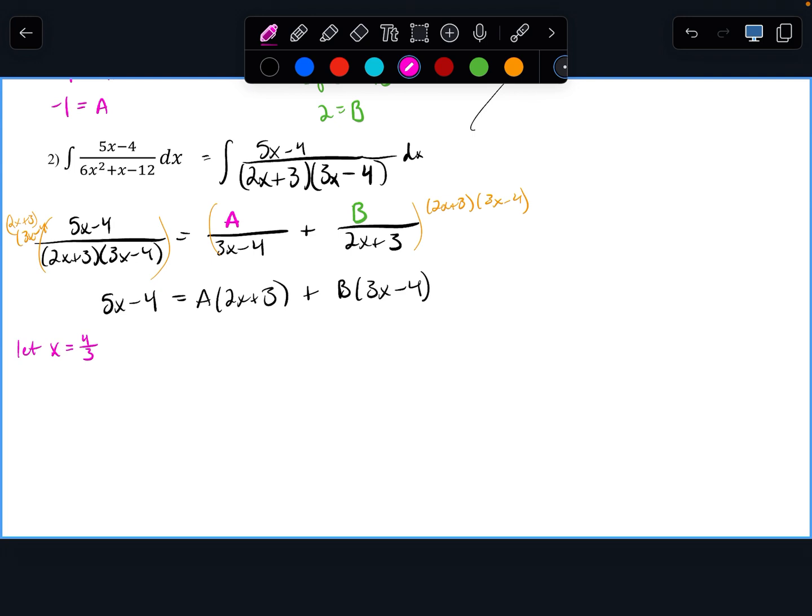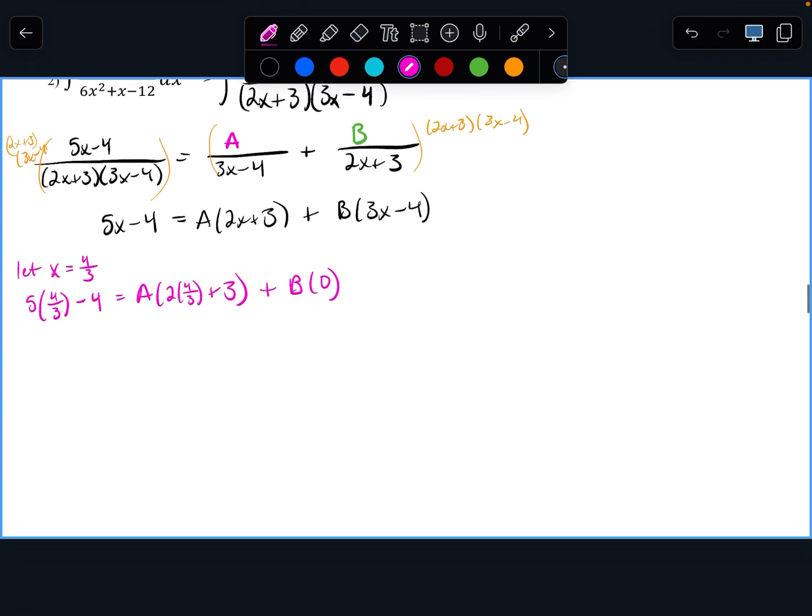This is where it's painful because you have to do fraction work. It will drive you insane, but I'm just going to write b times 0, so 0. And then you hack at it.